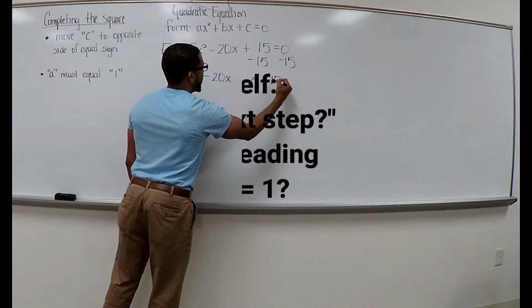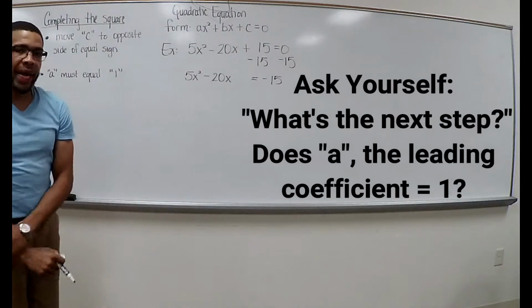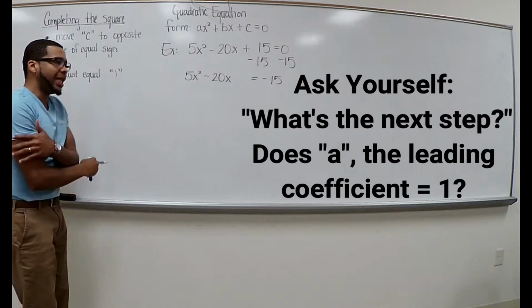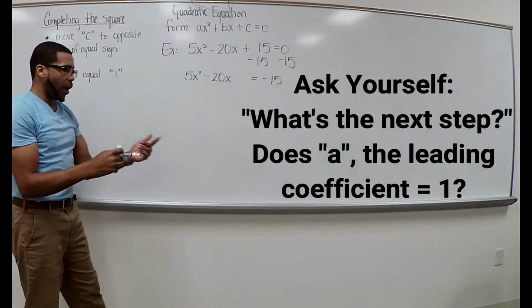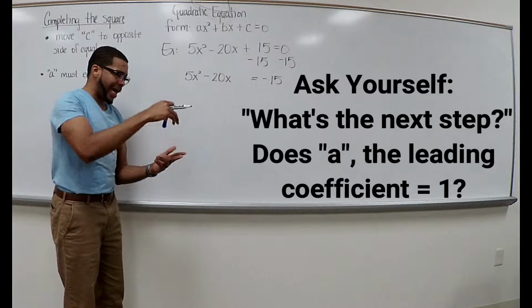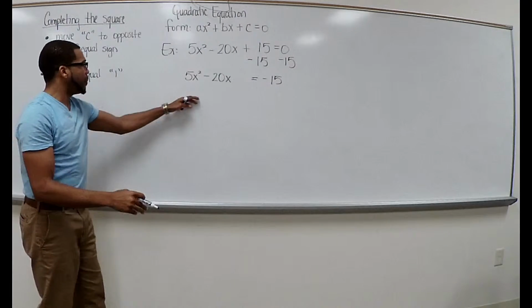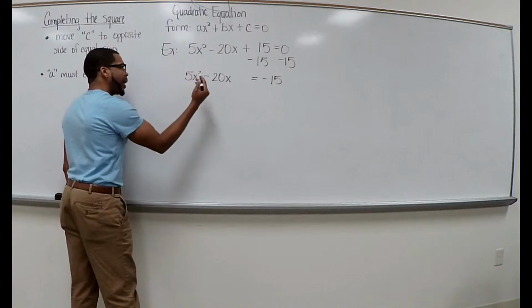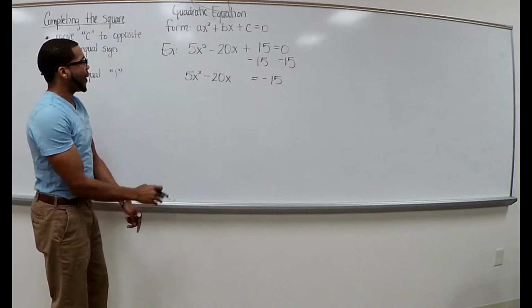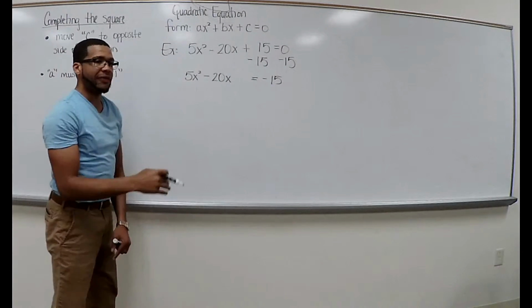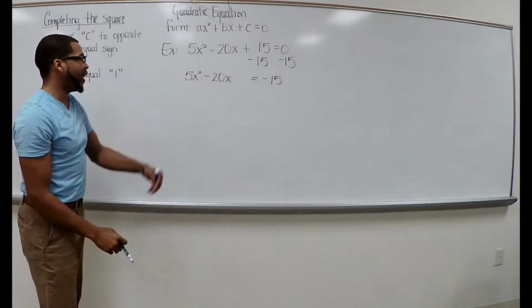negative 15. Now you ask yourself, all right, I'm doing completing the square. What is the next thing that I need to do? I move C to the other side. I'm also supposed to make sure that A is equal to 1. Let me go check. A does not equal 1. So how can I make A equal to 1? I'm going to go to A and divide every term by the value of A. What is the value of A? The value of A is 5.